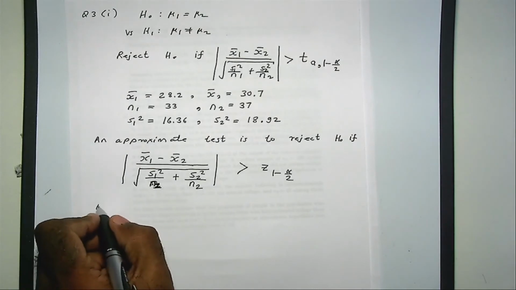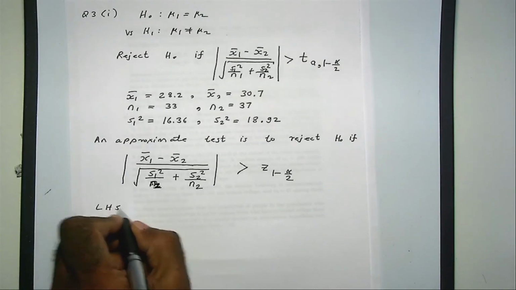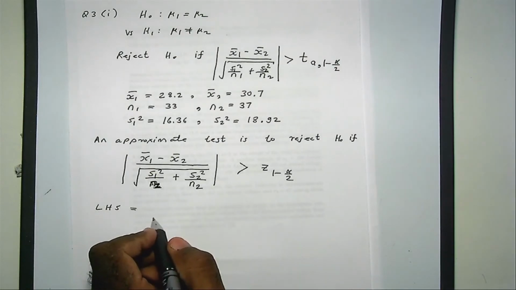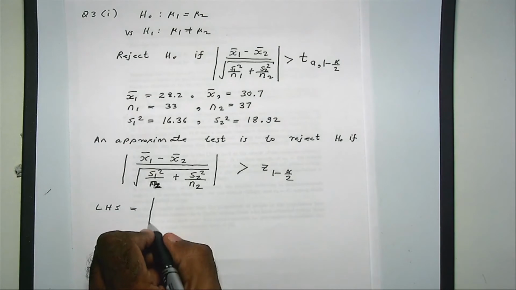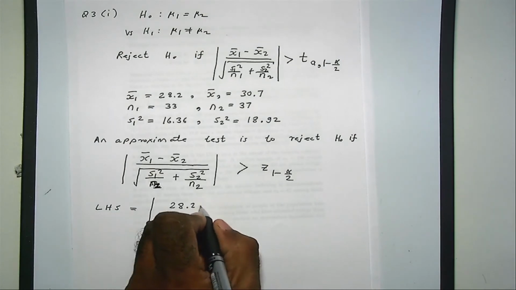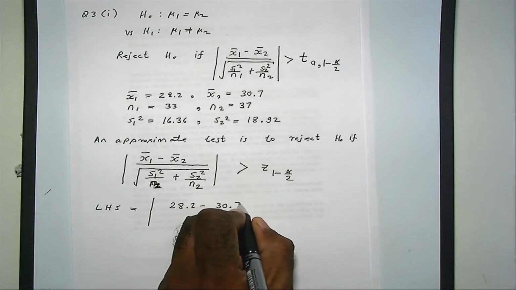Now let me compute the two sides of the test, the left and the right. The left hand side is going to be x bar 1, which is 28.2 minus 30.7.